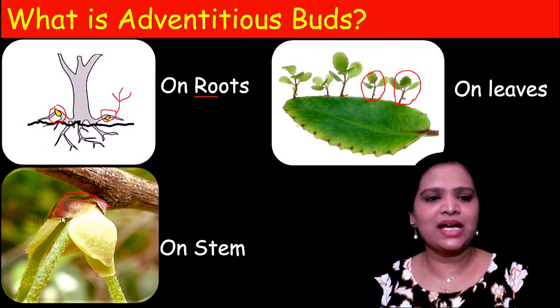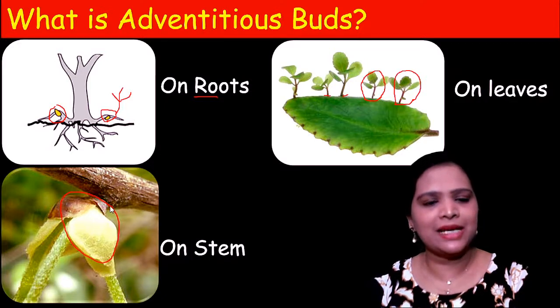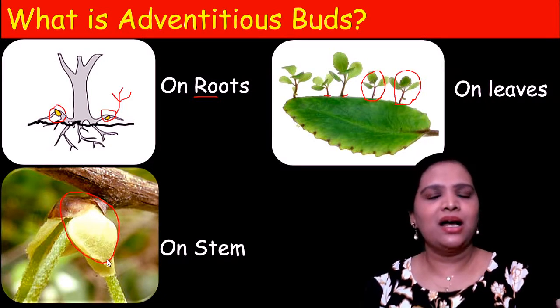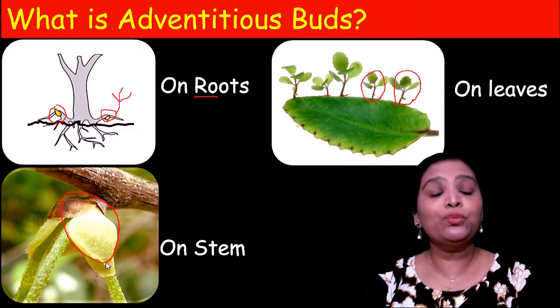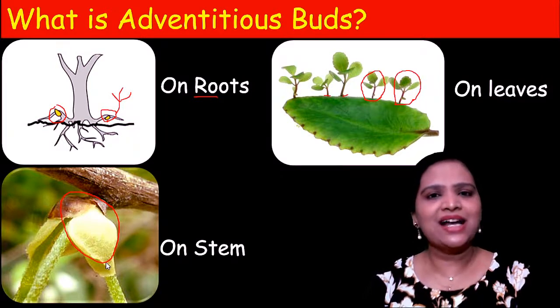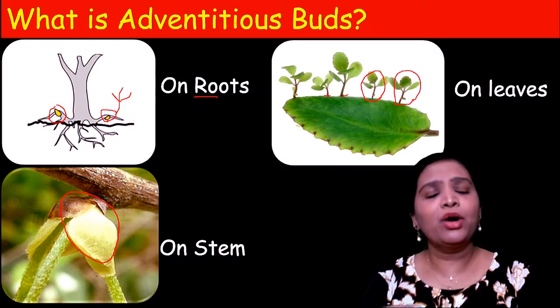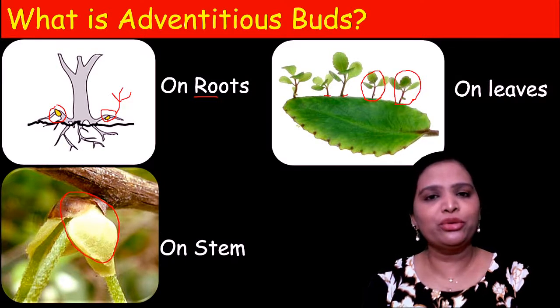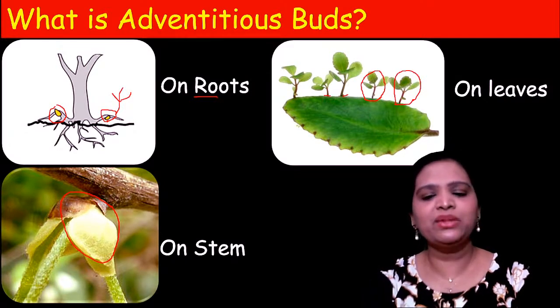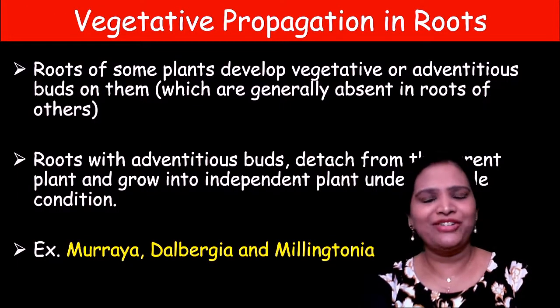So this is the adventitious bud on the stem, and from this adventitious bud, the new plant starts to grow. So these are the asexual method of reproduction modifications in the plant. In order to grow asexually, the plants have this adaptation or modification.